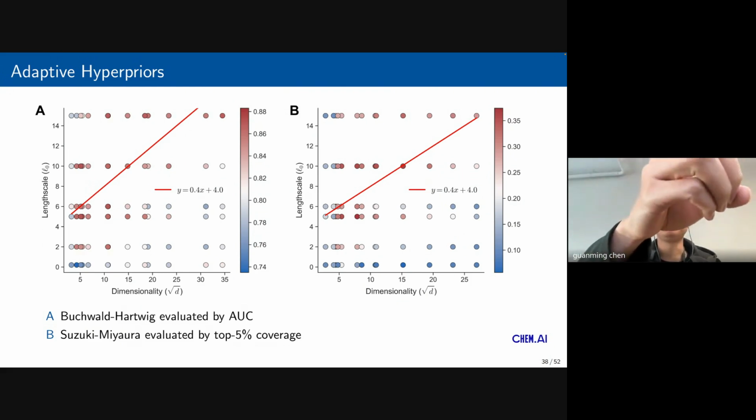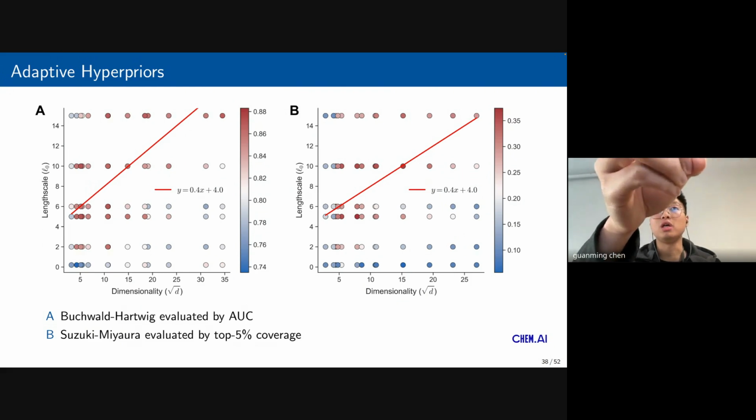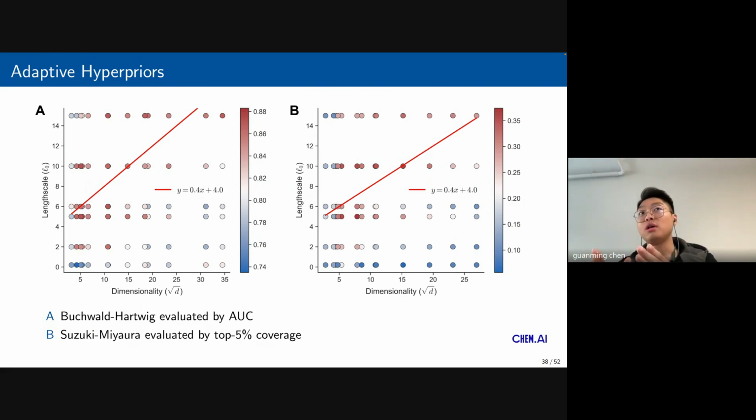Like for the upper right corner, we use a default hyperprior that is manipulated by ourselves, that has an intentionally large initial length scale. So that's why it can do pretty well in this case.